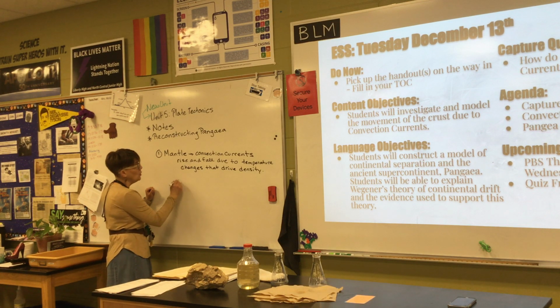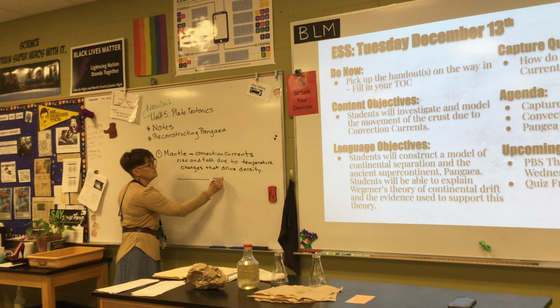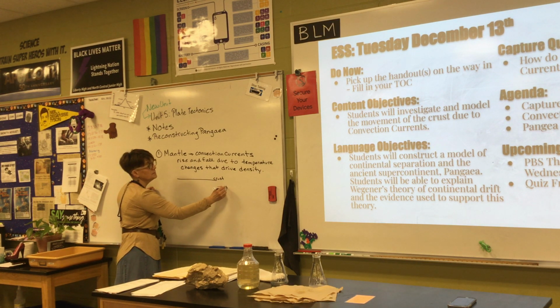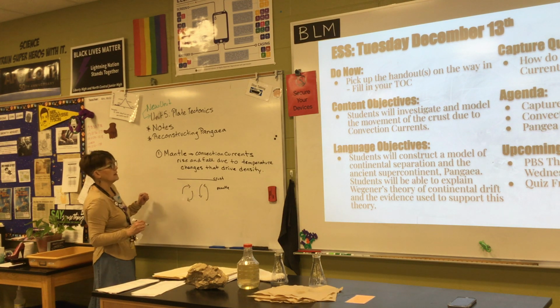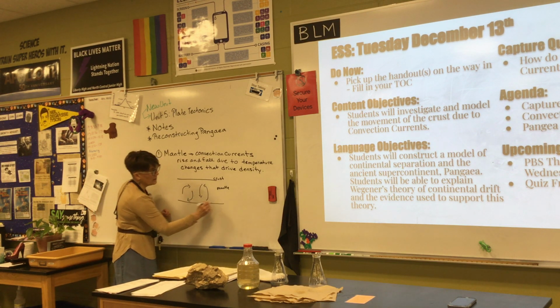All right, so we've got the crust, and we've got the mantle, and we've got these convection currents. Here, I'll do them like this. You've got these convection currents that are moving, let's say, like this. And then underneath the mantle is what?